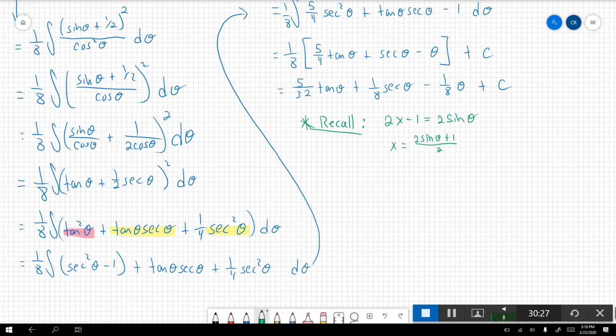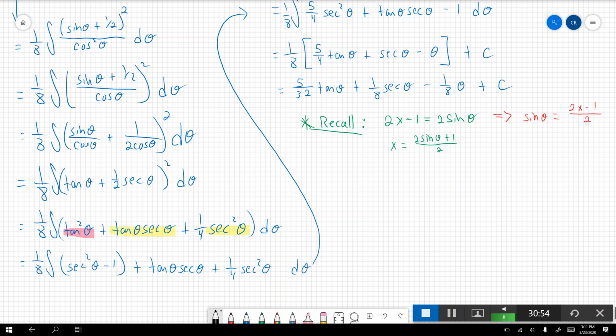Now, I'm actually going to do something really quickly. I'm going to take this substitution that we have here, and I'm going to solve for sine of theta. Sine of theta is really just (2x minus 1) divided by 2.